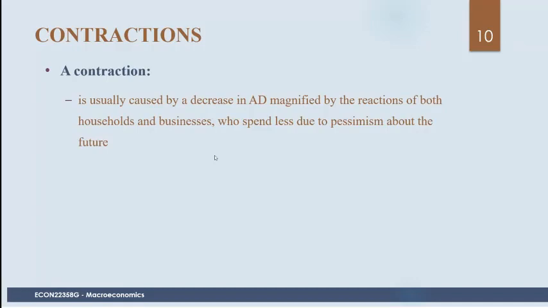So contractions are caused by a decrease in aggregate demand. And that's going to be magnified by the reactions of both households and businesses who will spend less due to pessimism about the future. So something usually happens. The last big recession was because of the financial crisis in the US. Basically, you had somewhat of a bubble.